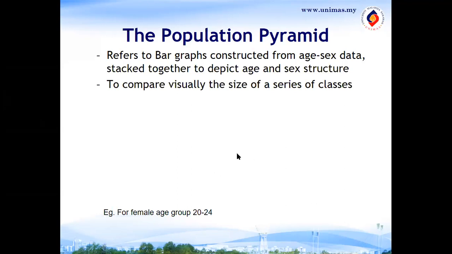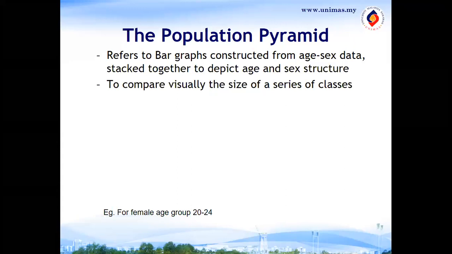Okay, so move on to population pyramid, right? So we've seen earlier on apa yang dimaksudkan dengan pyramid tadi. So population pyramid refers to the bar graph constructed from age and sex data, which are stacked together to show the age and sex structure.